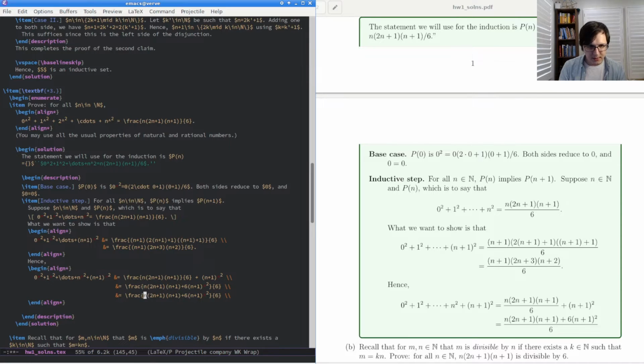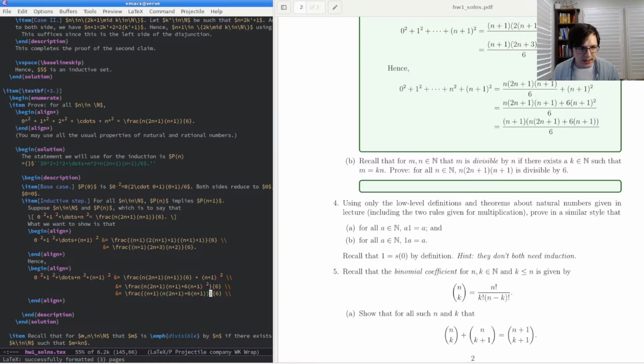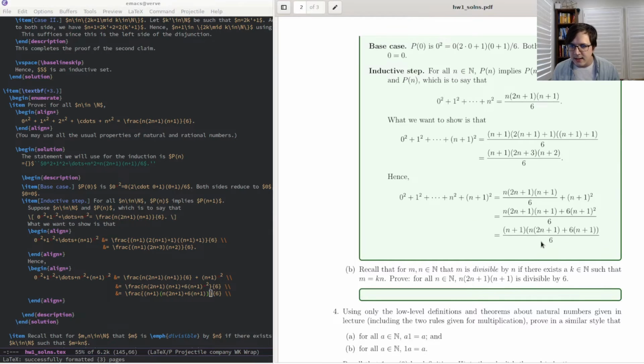So let's pull that n plus 1 out. So now, let's see if this compiles. Okay, so to get the left-hand side, we need to refactor this somehow into this expression.